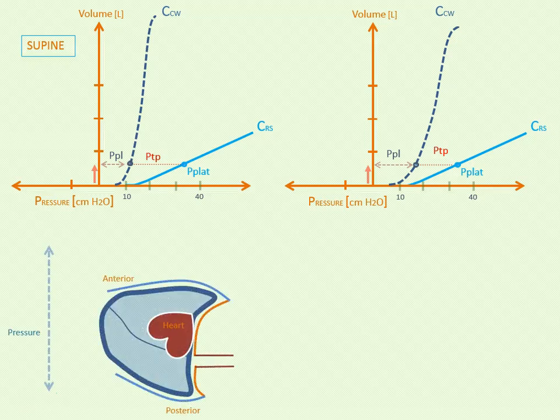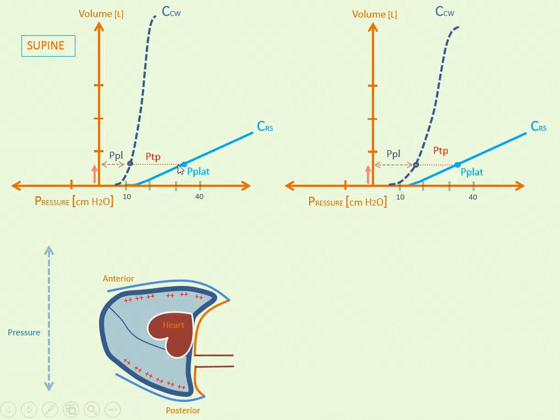So if we look at this as a cartoon, what are the hemodynamic implications? This is in the supine position, we'll have pressure on the y-axis here. And what we're going to see is, relative to the prone position, the pleural pressure doesn't rise as much, but the transpulmonary pressure does rise quite a bit. So that's a small increase in the pleural pressure and a large increase in the plateau pressure.